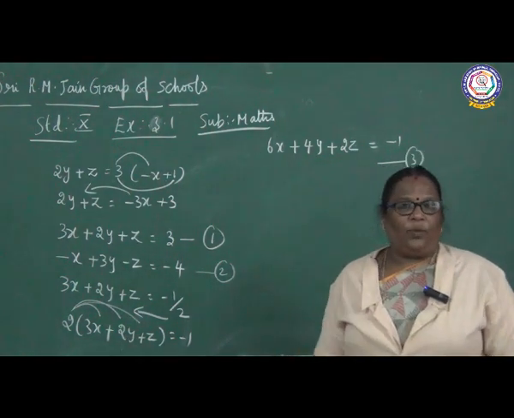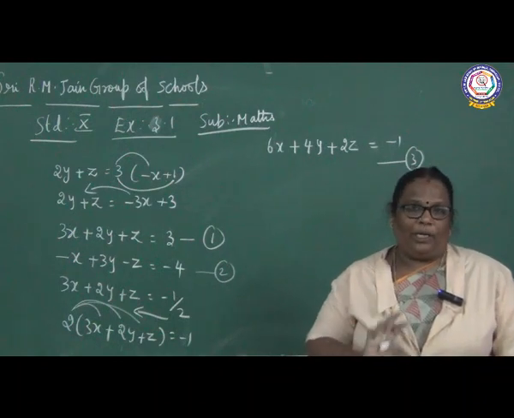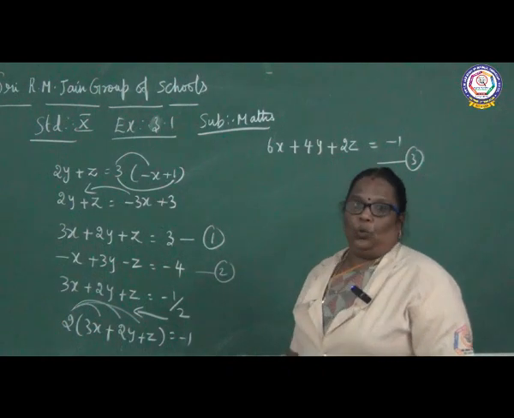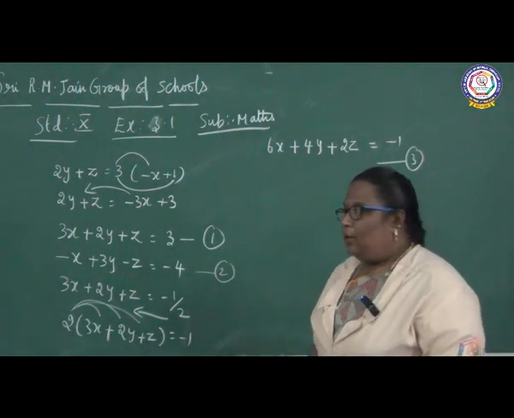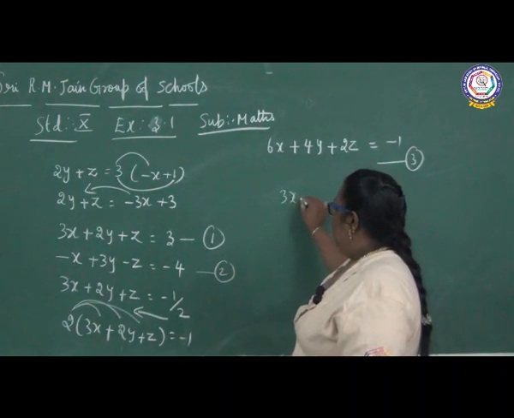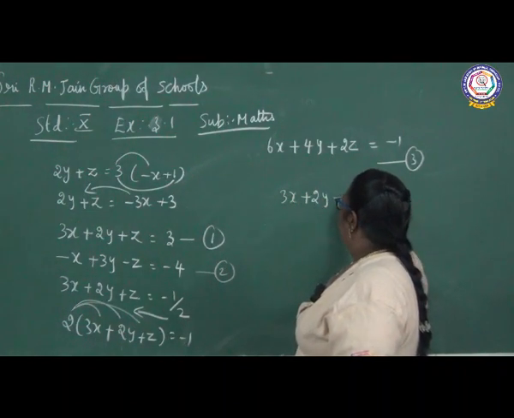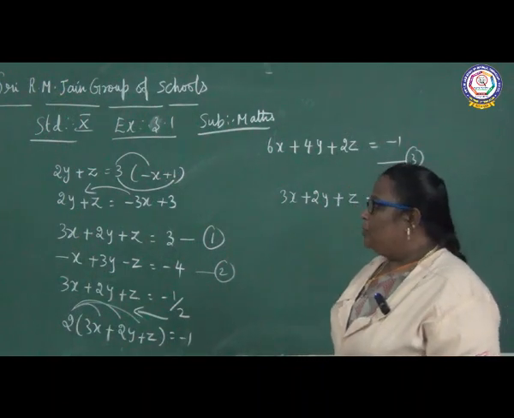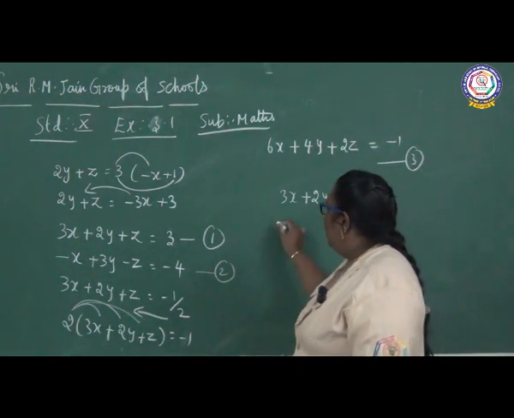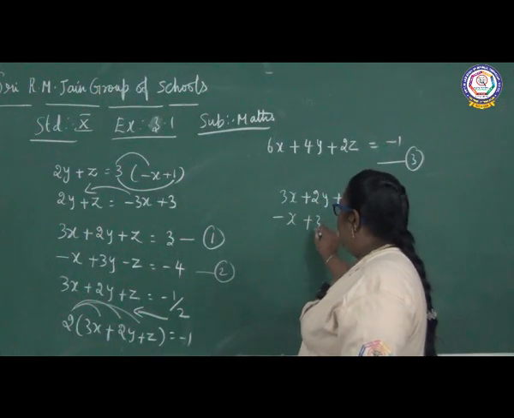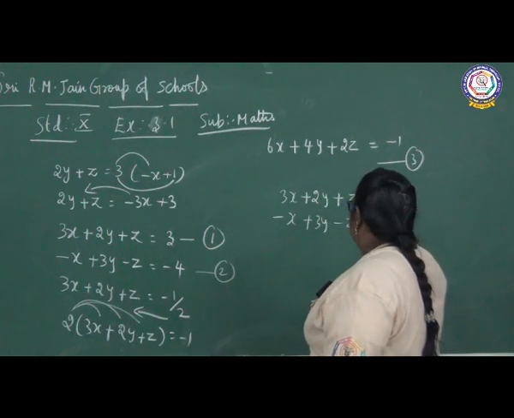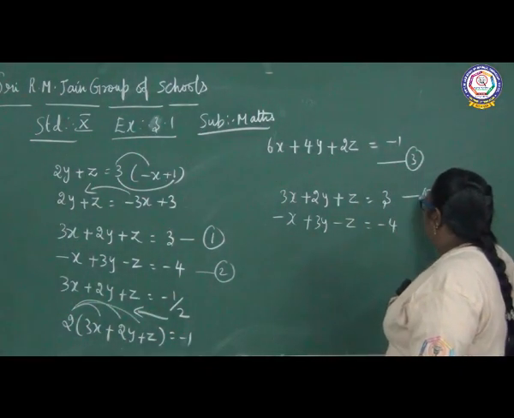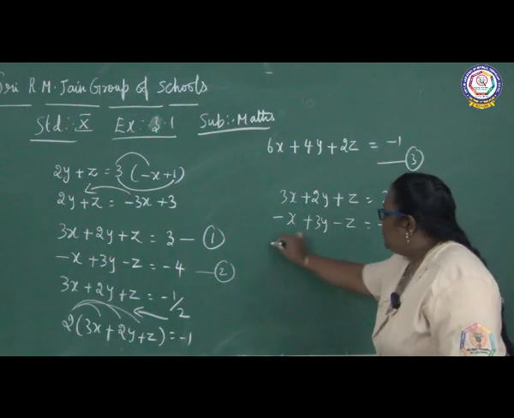If there are 3 equations, you can bring them into 2 equations. First I will solve 1 and 2. 3x plus 2y plus z equal to 3, and minus x plus 3y minus z equal to minus 4. This is the first equation, this is the second equation.